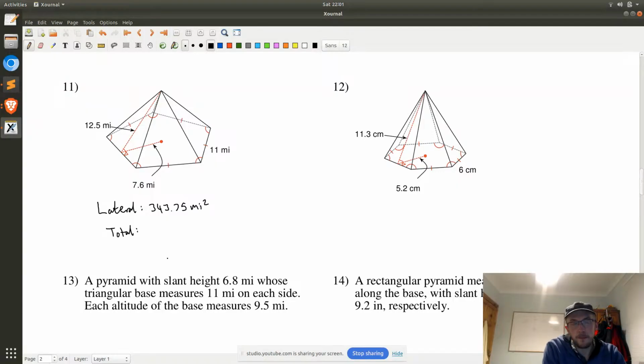For the total, to get the base, we'd have to do 5 times 7.6 times 11, and then all of that divided by 2. So 5 times 3.8 times 11.